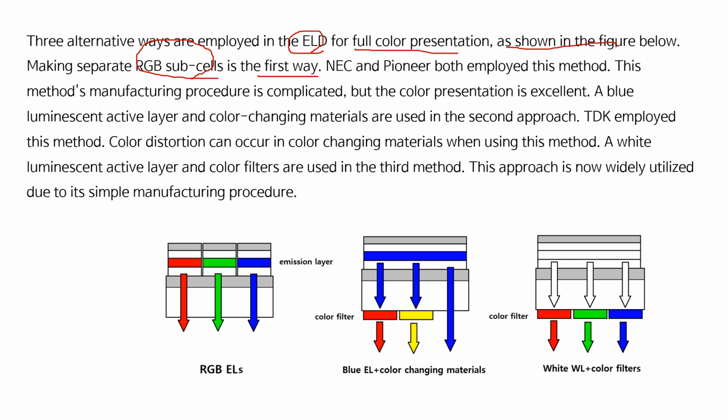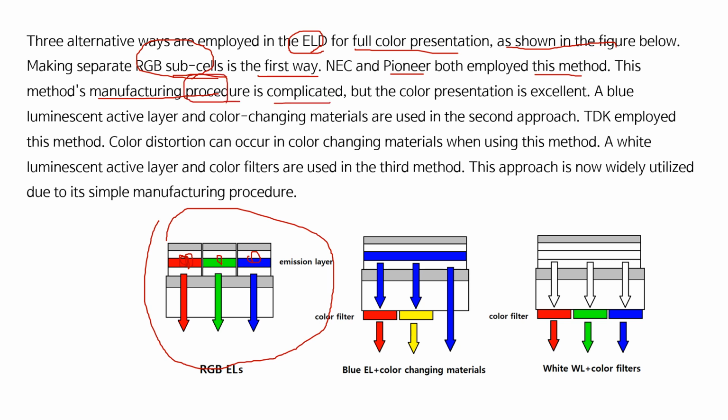So this way we use the red, blue or green OLED, and we can present the full colors using these separate RGB cells. NEC and Pioneer both employed this method. This method's manufacturing procedure is complicated, but the color presentation is excellent.